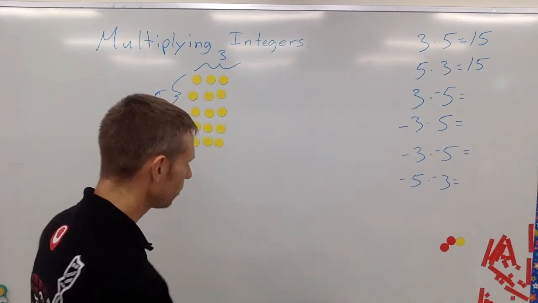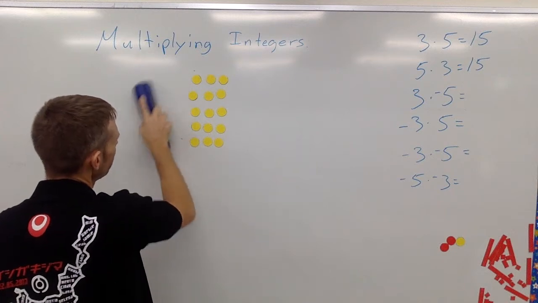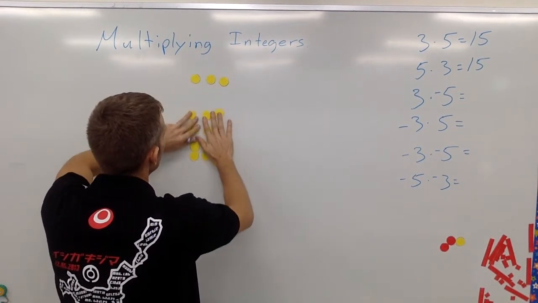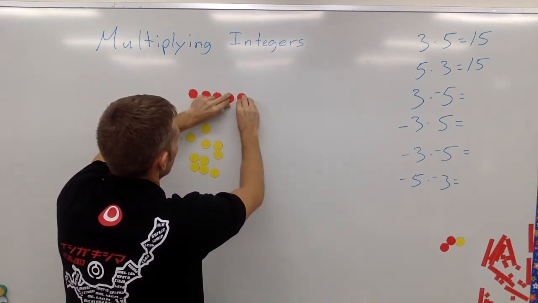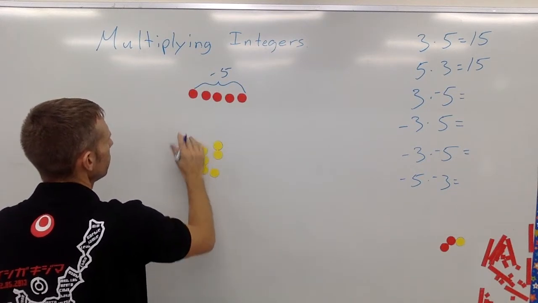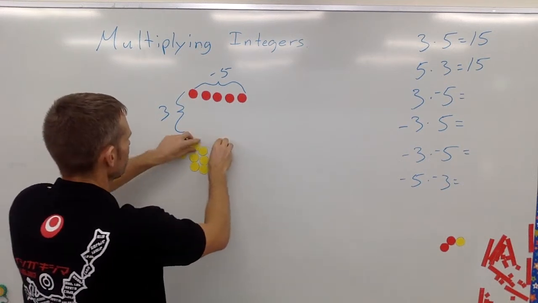But now let's talk about what happens when we have 3 groups of negative 5. 3 groups of negative 5. So I'm going to make one group of negative 5. Here's one group of negative 5. And now I'm going to make 3 groups of negative 5.